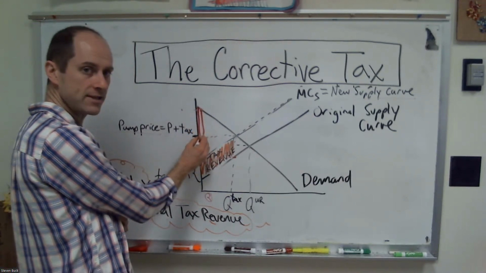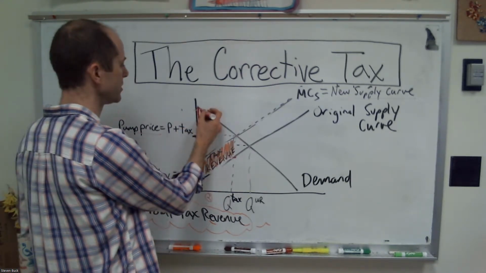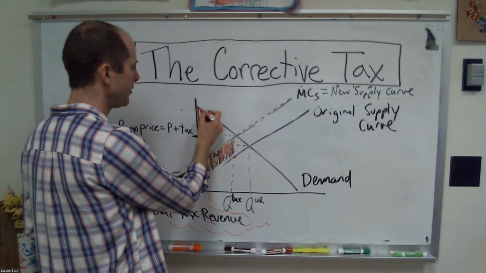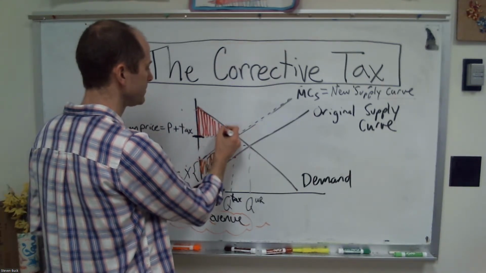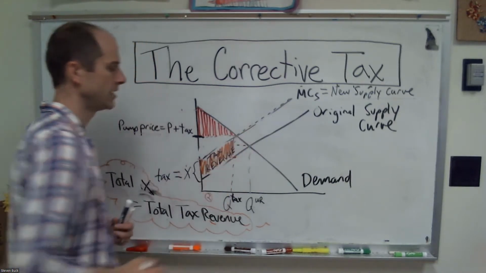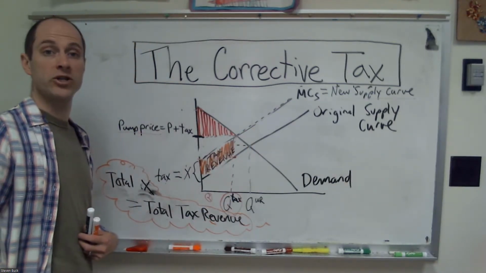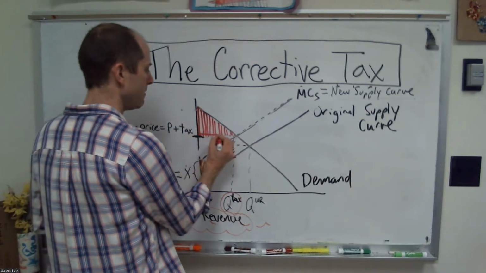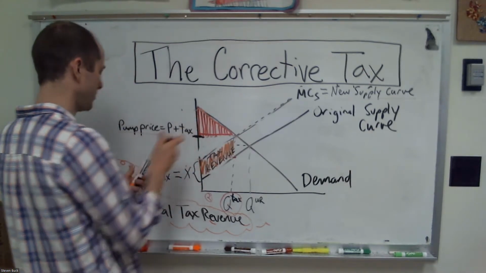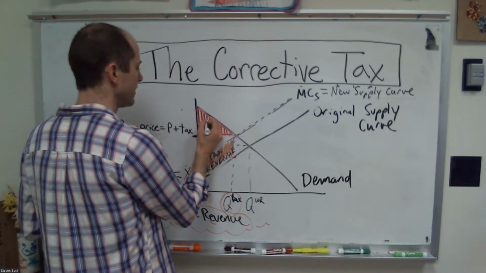So the consumer surplus is the difference between those. It's the net benefit of consumption. The third unit, fourth, fifth, so on and so forth, until we stop, where production stops at Q tax. This is our consumer surplus under the corrective tax.